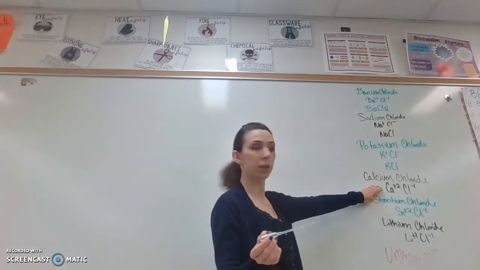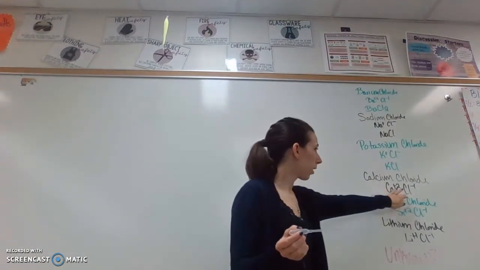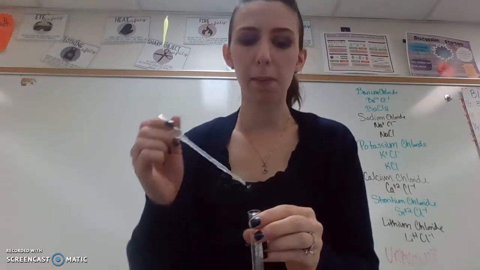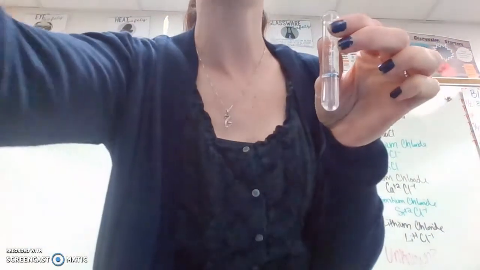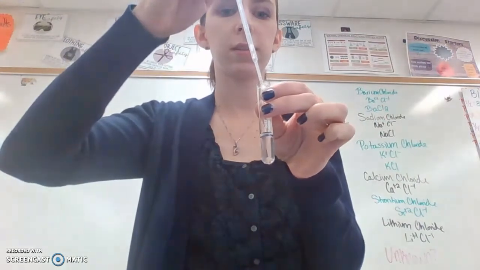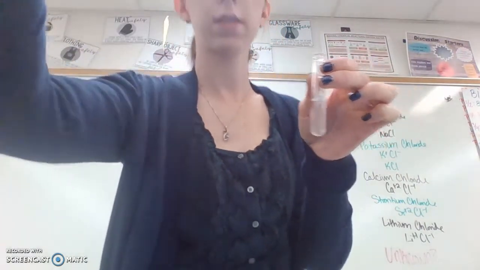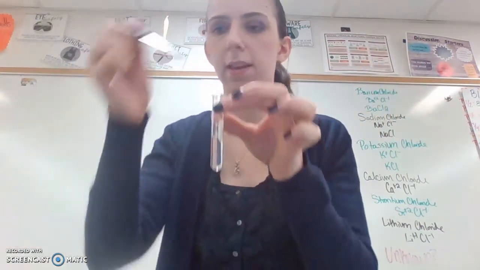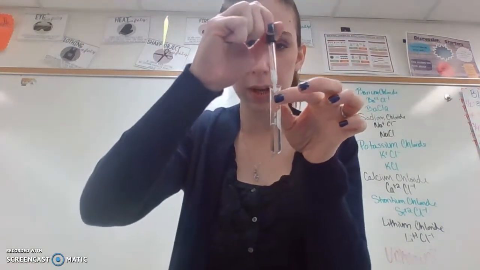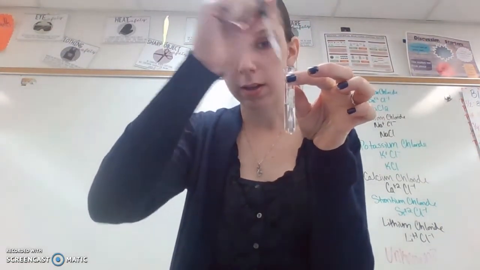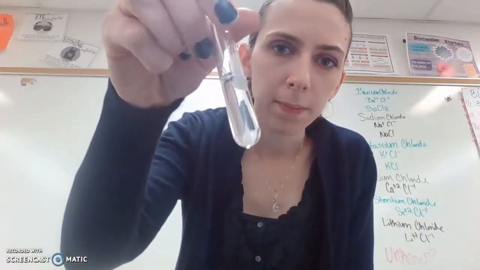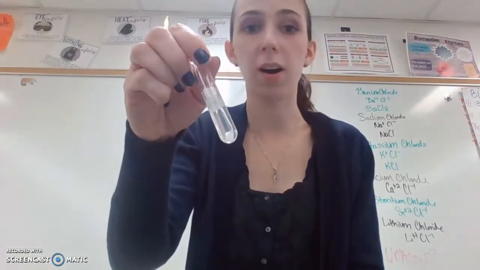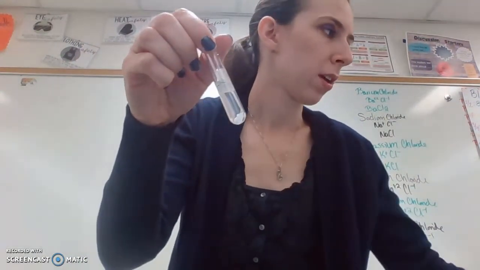Calcium is group 2, so it's a +2 ion. Chlorine, again group 7, Cl -1. We're going to fill this one about halfway, and this is a little bit smaller test tube. Then we're going to take our pipette and put it in a little bit closer. There we go, and add our drop. This one, similar to our first one, formed a solid.